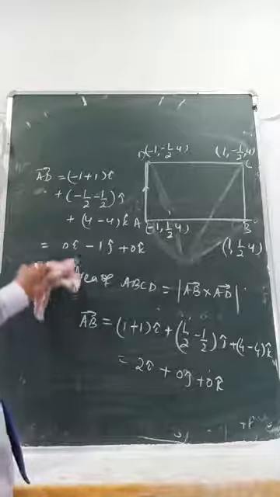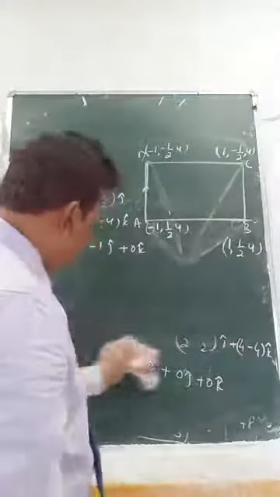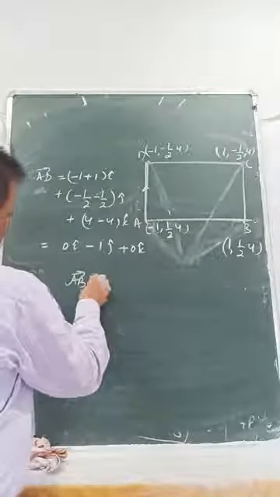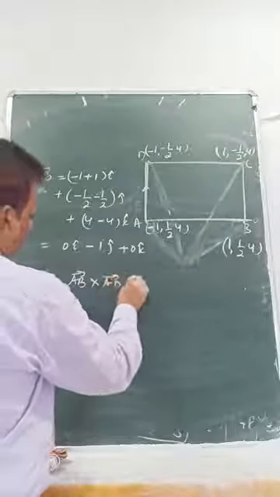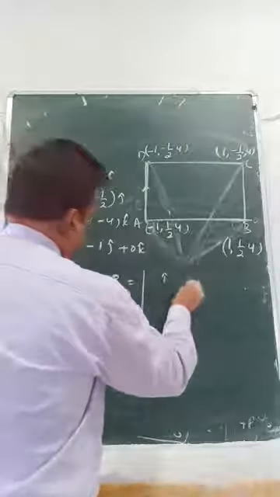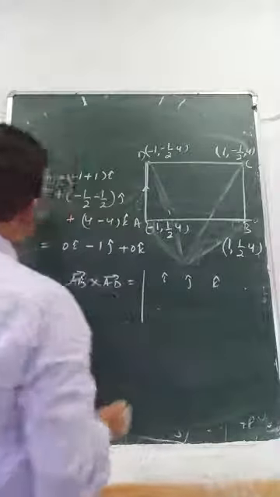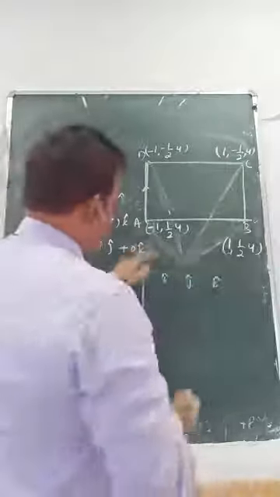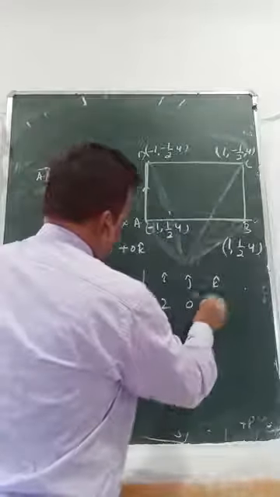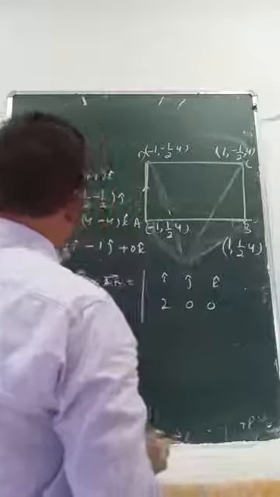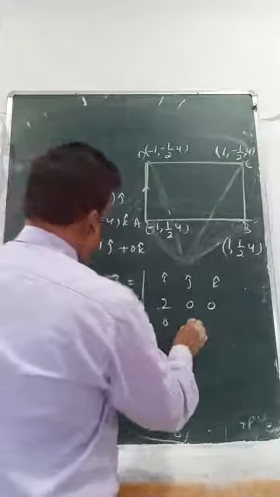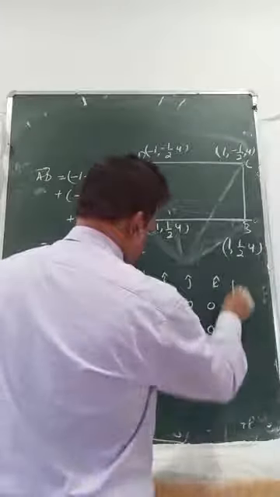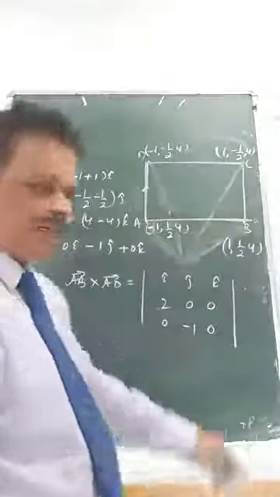So what is then AB cross AD? Using the determinant with i, j, k, AB is 2, 0, 0 and AD is 0, minus 1, 0. Now I have to expand it.